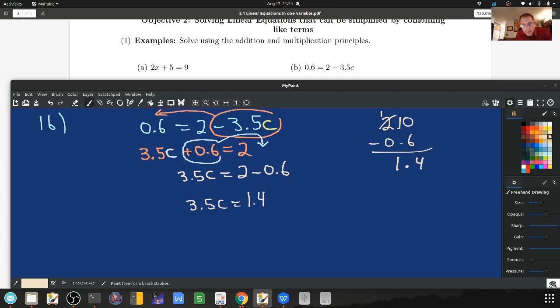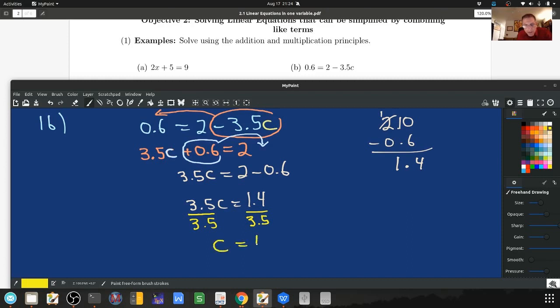So here I have 3.5c, and I want to know what 1c is. So what I'm going to do is I'm just going to divide both sides by 3.5. It works even if they're decimals. So 3.5 divided by 3.5 is 1, so that gives me 1c.